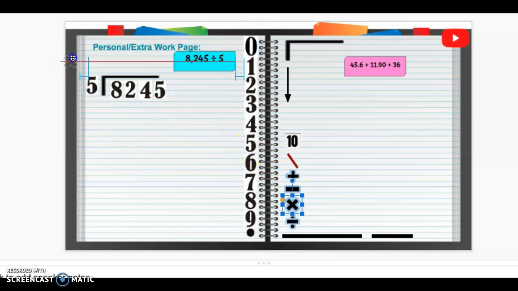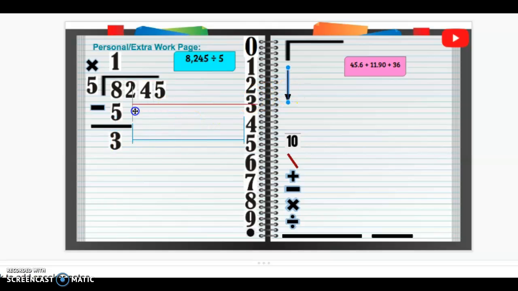So I have to ask myself, how many times does 5 go into 8? That's 1 time. I'll put my 5, because 5 times 1 is 5. I subtract. 8 minus 5 is 3.